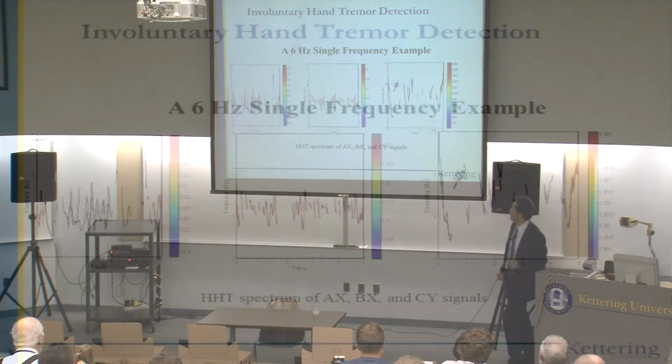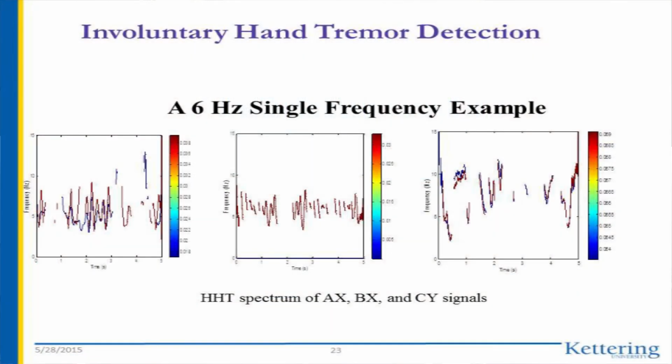And here is the Hilbert-Huang spectrum. If you look at that, most of the signal, that's number 5 on the y-axis, you see the signal concentrates right around the 6 Hertz range.